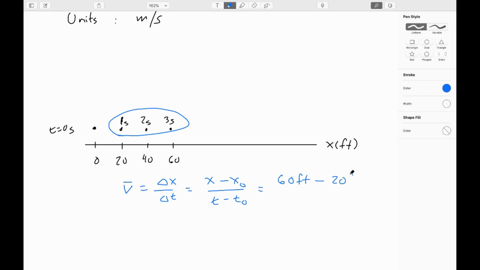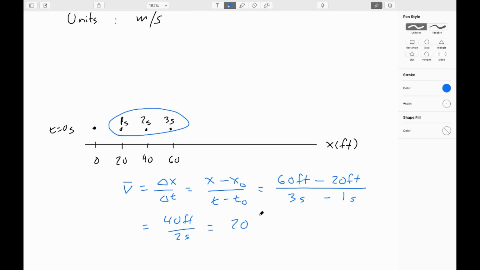Minus 20 feet over, or the corresponding times, 3 seconds minus 1 second. So 60 minus 20 is 40. Over 3 minus 1 is 2 seconds, so 40 feet over 2 seconds.